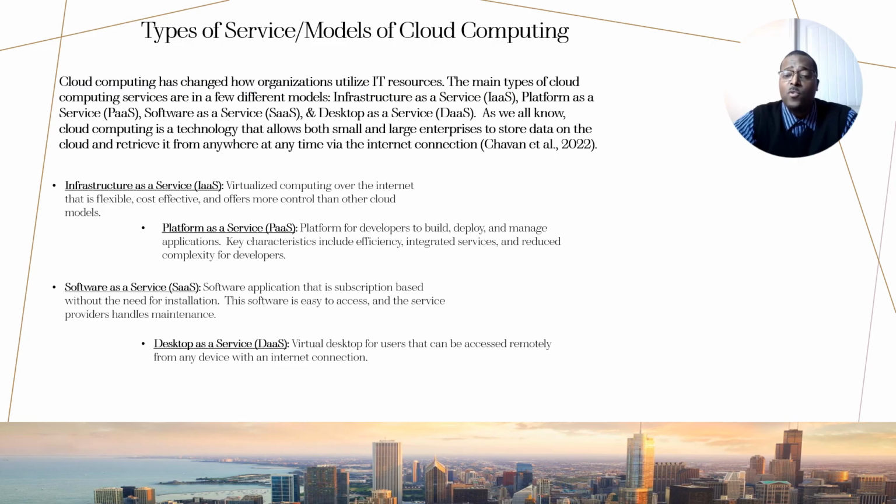Then you have platform as a service, software as a service, and rounding out, desktop as a service. There are others, but these are the four main that I came across. With infrastructure as a service, you have virtualized computing over the internet that is flexible and cost effective, and offers more control than other cloud models.